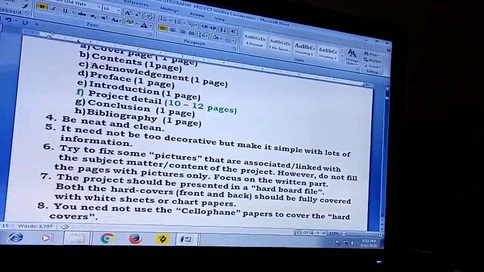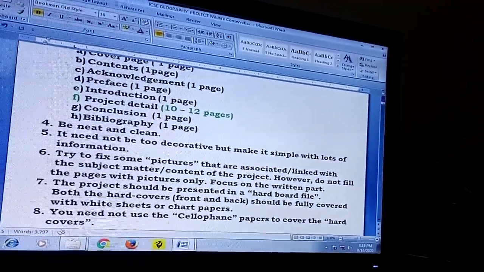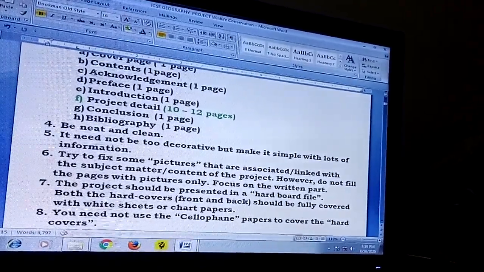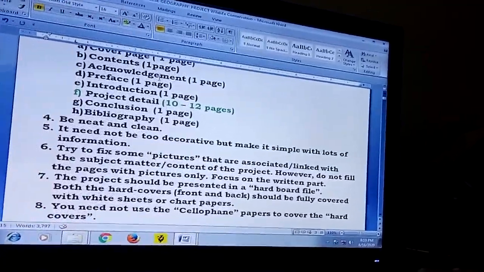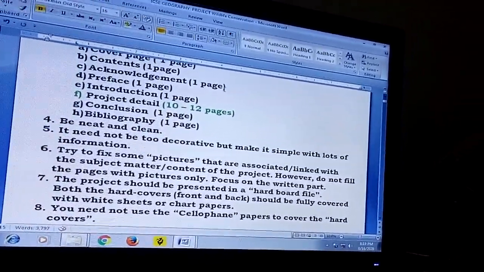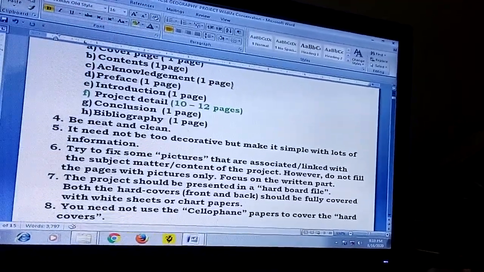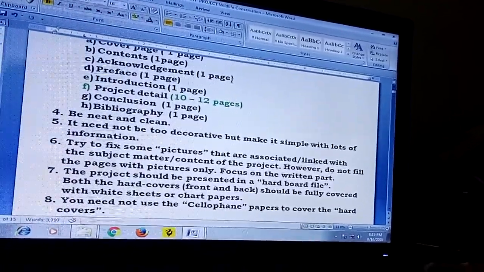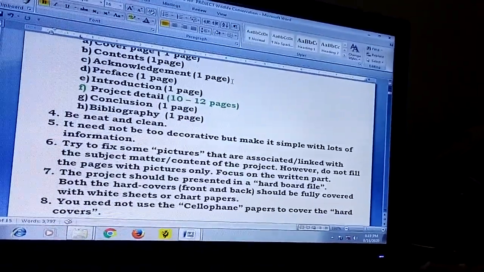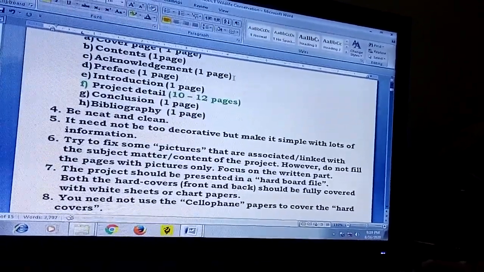Well, the acknowledgement is a kind of introduction to the introduction. It is like the preamble to the constitution. In the acknowledgement, you are again introducing the topic and how you have gone about it, whether you have gone to the library or not, how you have collected it, and finally in the last paragraph you are actually thanking those resource persons.